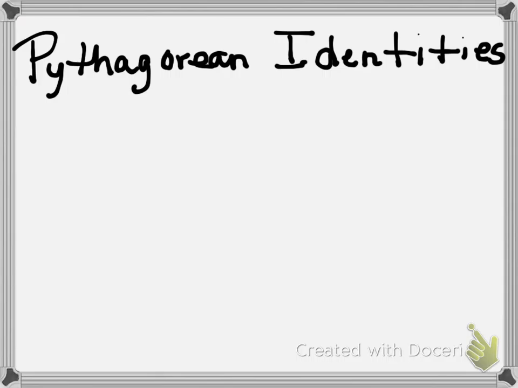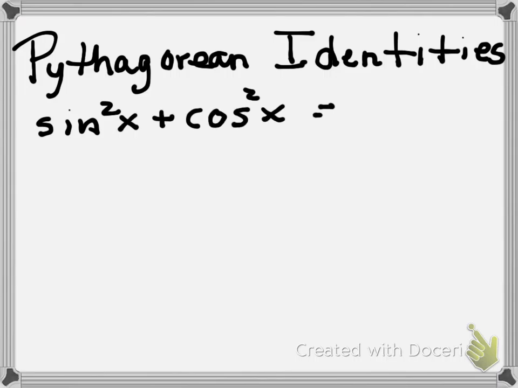The one we use most often as a Pythagorean identity is that sine squared x plus cosine squared x equals 1. And this is going to come up quite a bit in the work that we're going to be doing, some today, but more on Monday.